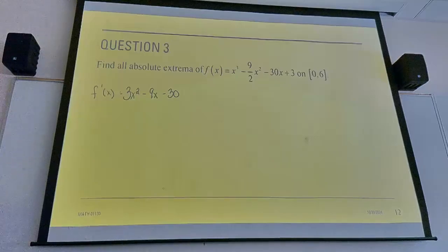Is there anywhere that would be undefined? No, it's a polynomial, defined everywhere. Only critical numbers are going to be where that is equal to 0. So set it equal to 0 and solve.